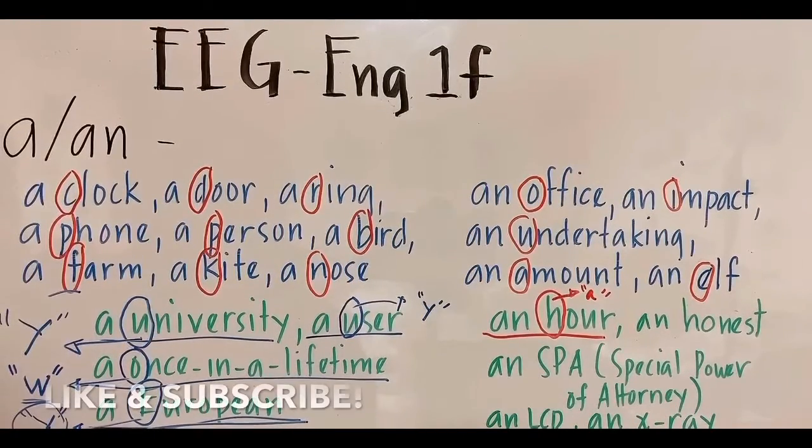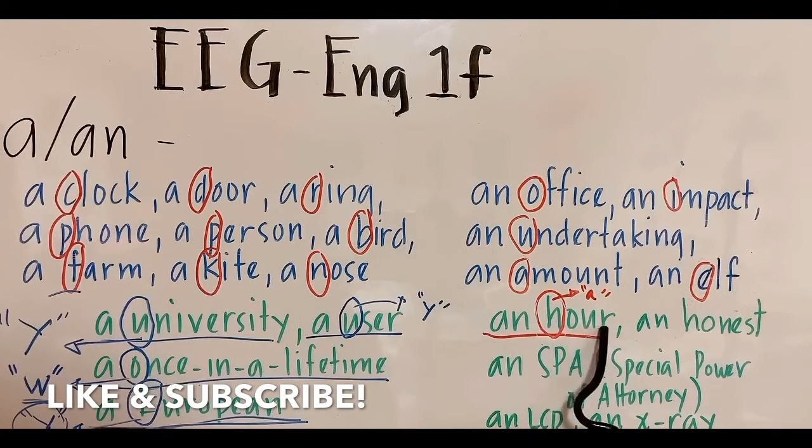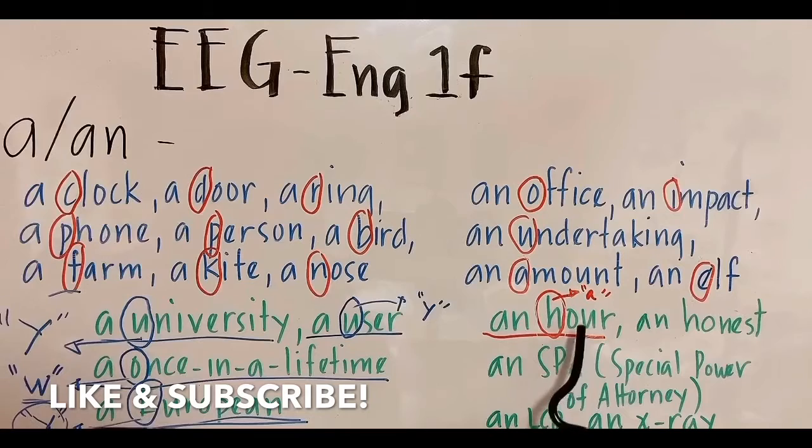Now let's look at the other set of exceptions to the rule. We said that we use an when the word after it starts with a vowel. However, in this case, look: an hour. Hour starts with a consonant letter, but if we use our listening skill, the H sounds like a vowel sound. An hour. So this is an exception.